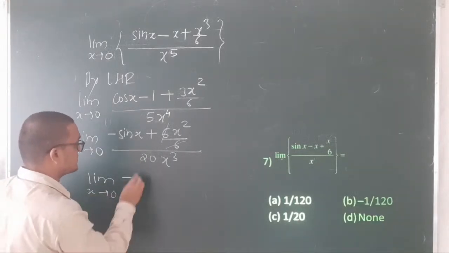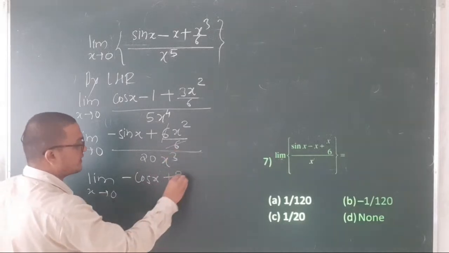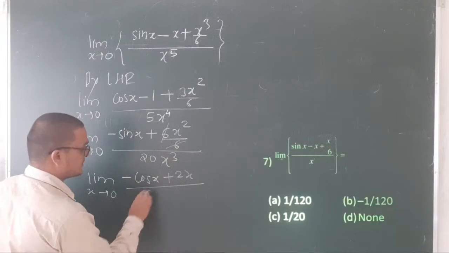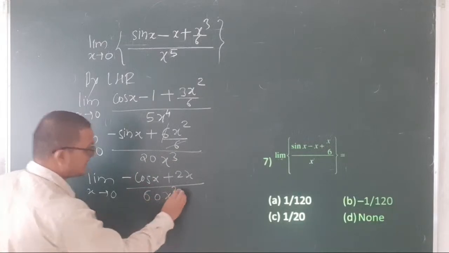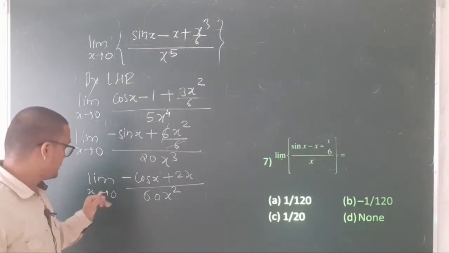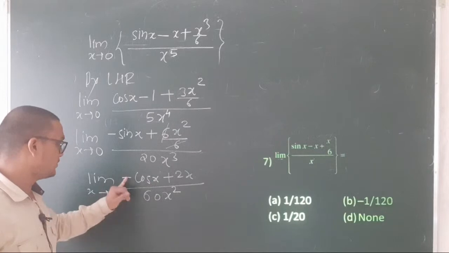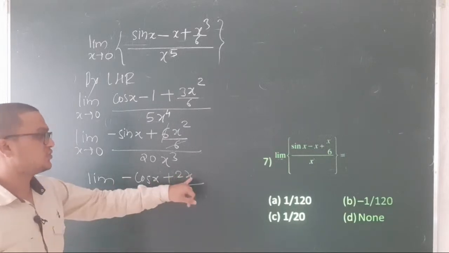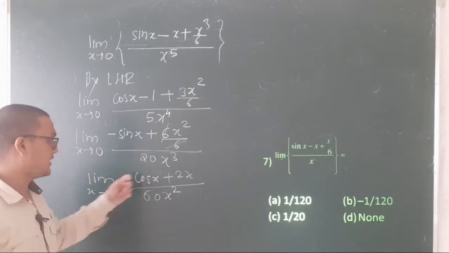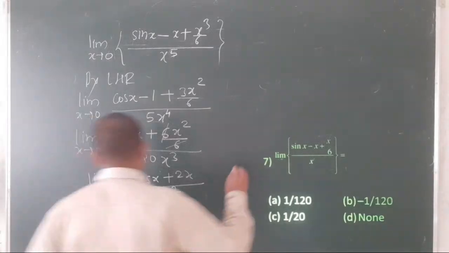Minus n as it is, sin x derivative is cos x plus x square derivative is 2x divided by how much? 60 x square. If I put it now, this is cos 0 is 1, this is 2 into 0 is 0, this is 0, but again 1 by 0 you are going to get infinity, which is not possible.